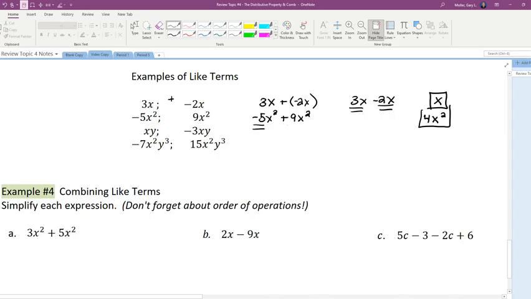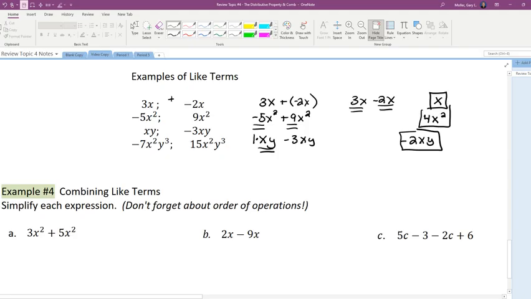Negative 5 of the objects plus 9 of the objects makes us a total of 4. Next, xy minus 3xy. So again, just think of xy as an object. It's the newest whatever. And we have one of them, right? 1xy minus 3xy. So the answer is negative 2xy.